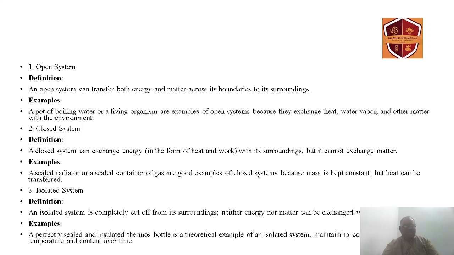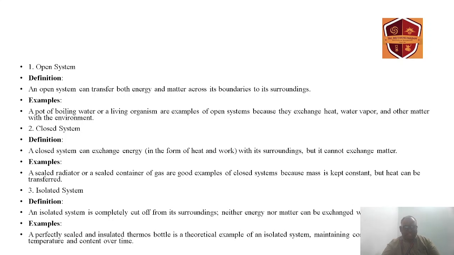For example, a pot boiling water and living organisms are examples of open systems because they exchange heat, water vapor, and other matter with the environment. For a closed system, we can give the definition that it can exchange energy, that is in the form of heat and work, with the surroundings, but it cannot exchange matter.